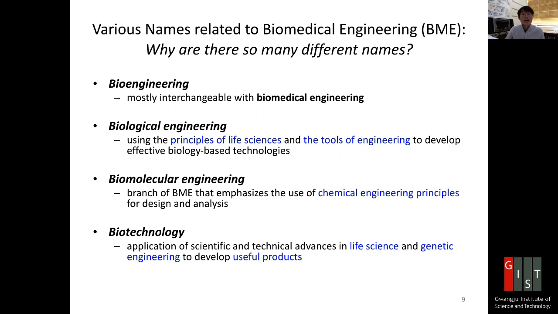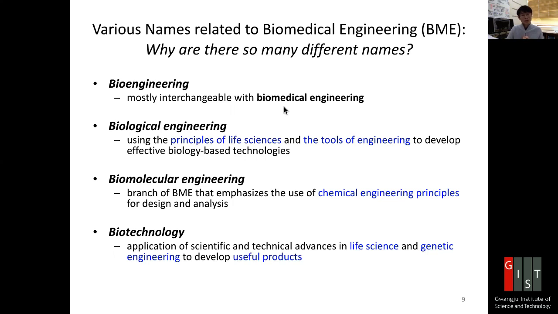So if you look outside, there are various names related to biomedical engineering. Why are there so many different names? It can be confusing, as probably this has not been established as a traditional discipline such as mechanical engineering, electrical engineering, and those others. So out there you can find bioengineering, which is mostly interchangeable with biomedical engineering.